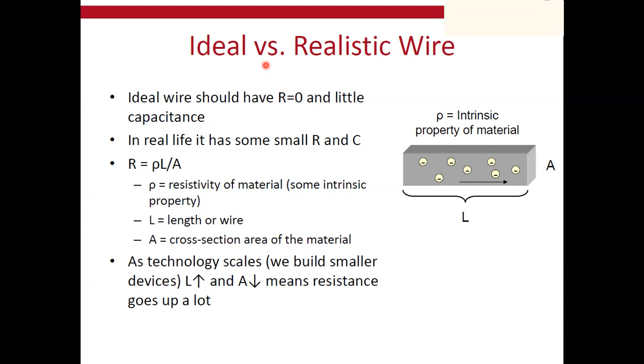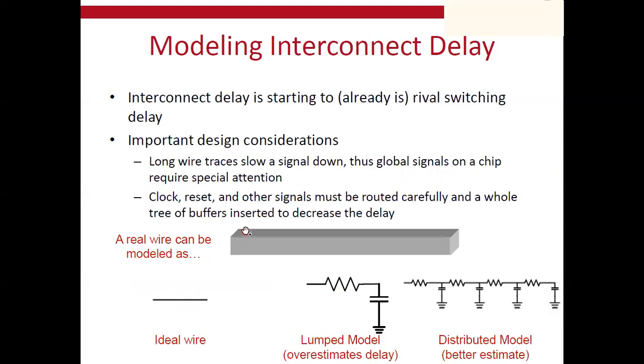So when you scale down your technology using Moore's law, you should expect higher and higher resistance due to the interconnections. And this is very important. So long paths and smaller cross-sectional area typically result in higher resistance.